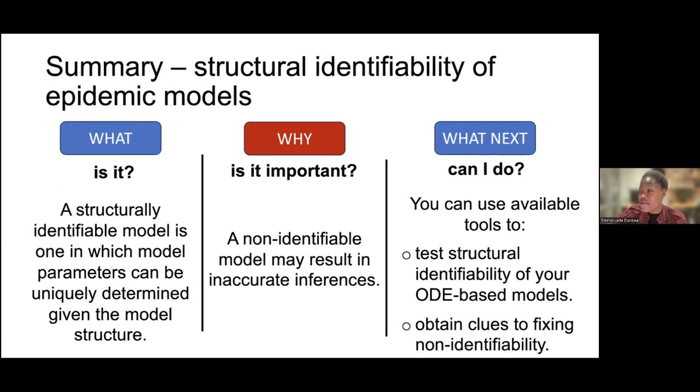If you're sure, say from expert knowledge, you're very sure about all of the parameter values, then yes, you could go ahead and forecast, but we're talking in the context of calibration.